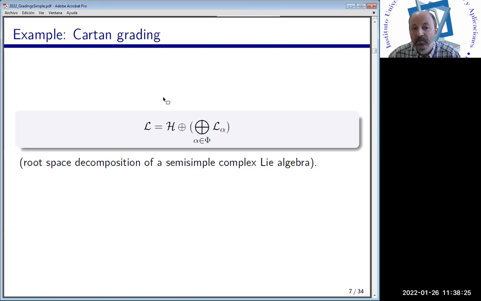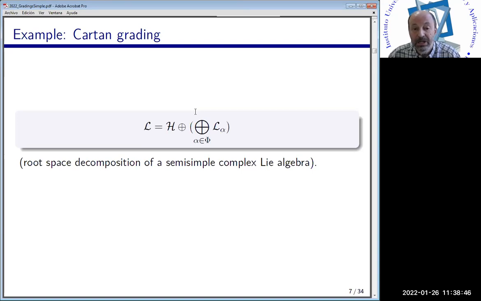The first one, and perhaps the most important one, is the root space decomposition of any semi-simple Lie algebra over the complex numbers. We start with a Cartan subalgebra and then take the eigenspaces by the adjoint action of the Cartan subalgebra.